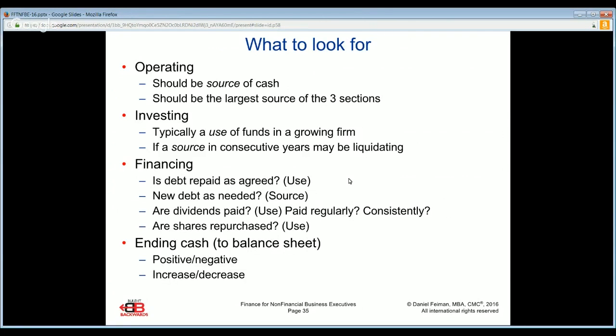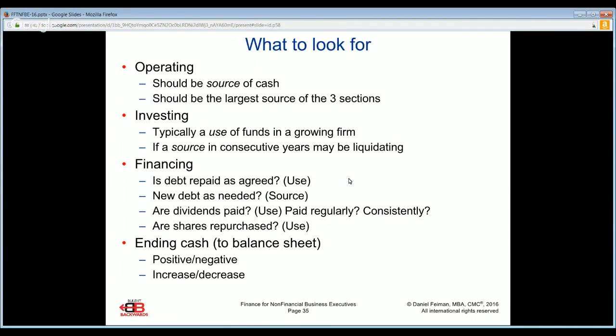On the investing side, is the organization growing? How do we tell? Is the organization using cash flow in most years to acquire new assets? If it is, it's probably growing. That's what we'd like to see in most situations.